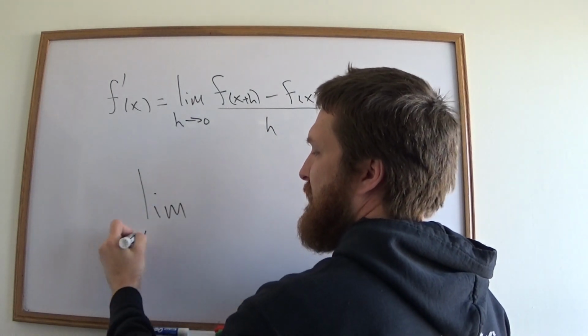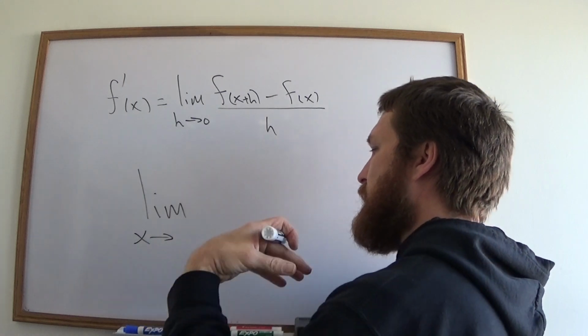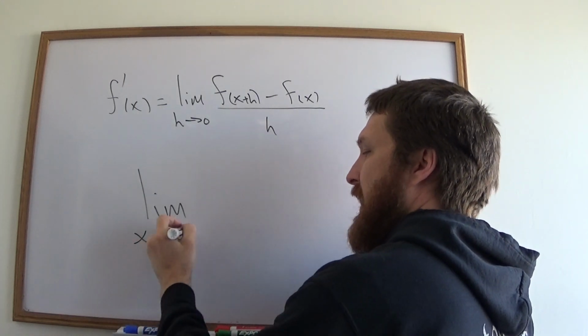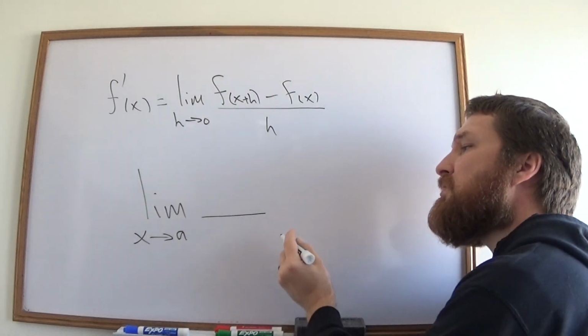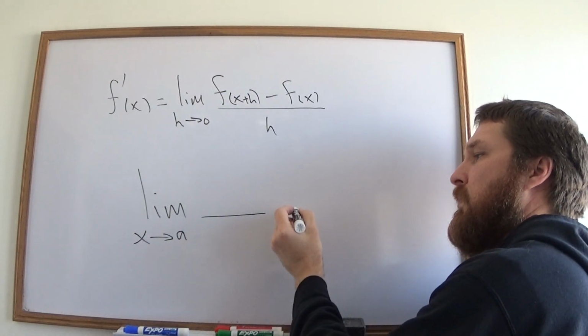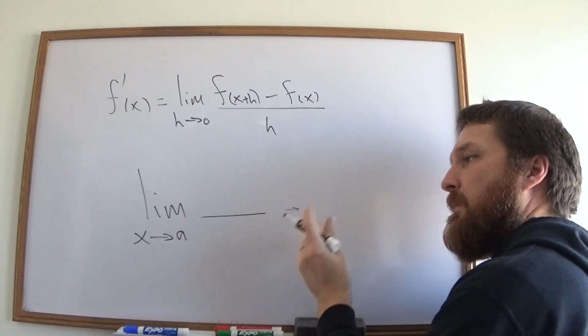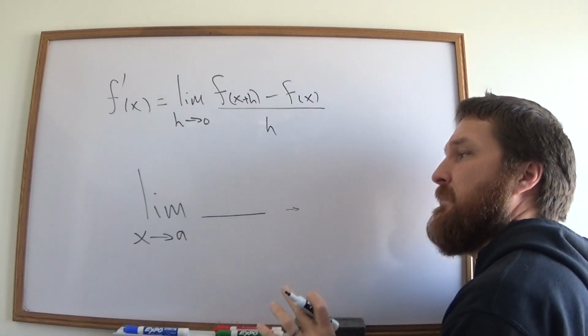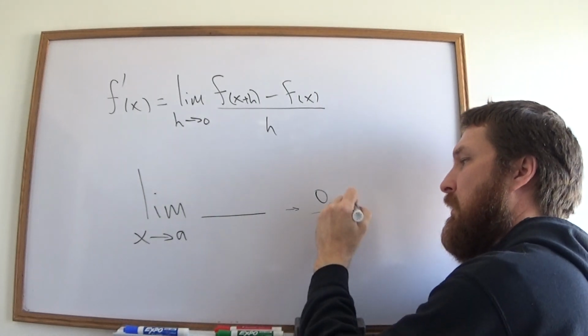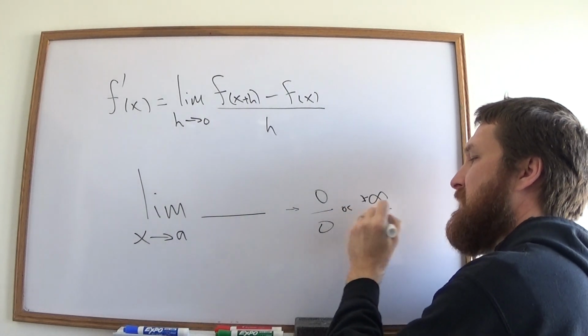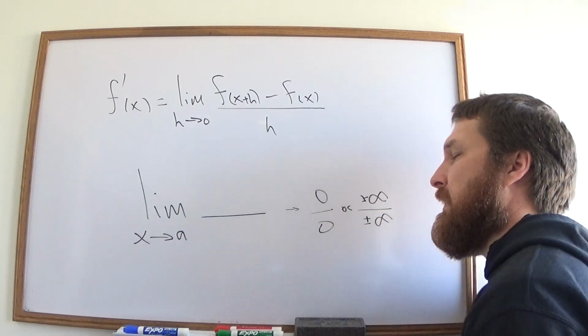Take the limit as x goes to something of something. If I want to use L'Hopital's rule, this has to go to something. There's two possibilities: either 0 over 0 or infinity over infinity, and a plus or minus doesn't matter.